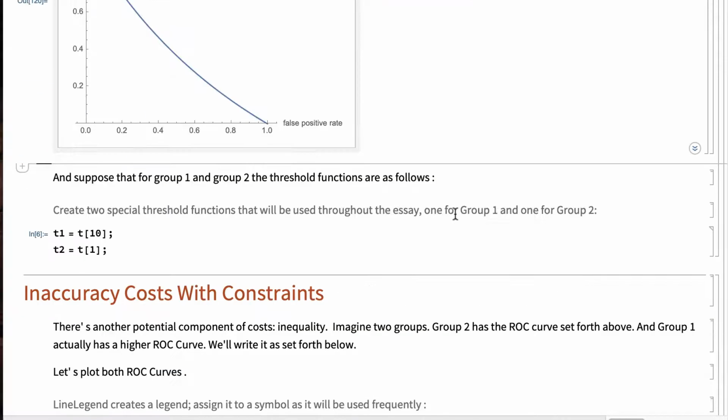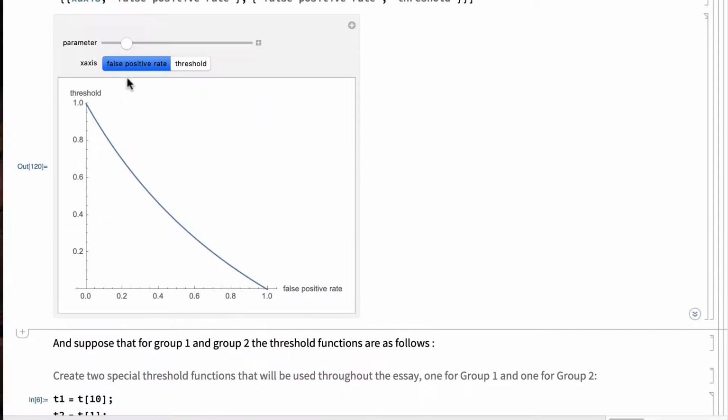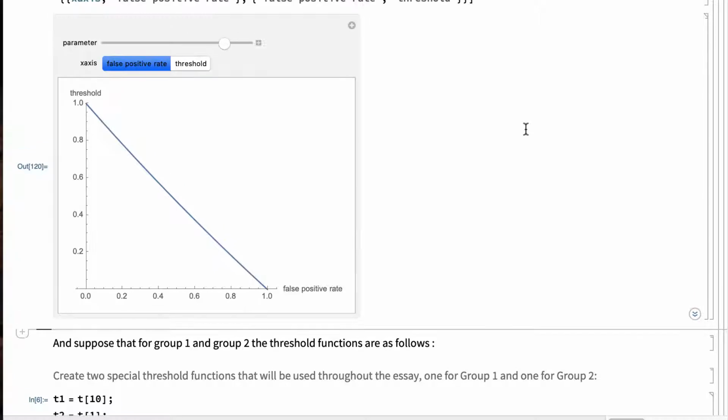And so suppose that group 1 and group 2 have different threshold functions. For group 1, it's t of 10, which I believe is about out here, almost a line. And for group 2, it's t of 1.